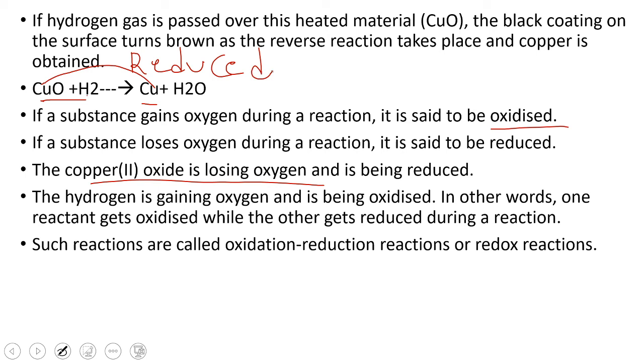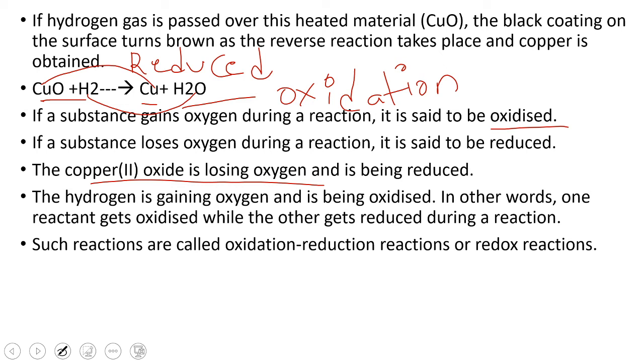And here hydrogen gets converted into water. That means addition of oxygen takes place and this reaction is known as oxidation. Now if you observe, both oxidation and reduction have taken place in the same reaction. Such reactions are termed redox reactions. What are those reactions known as?